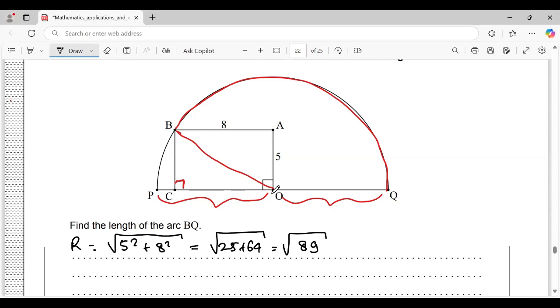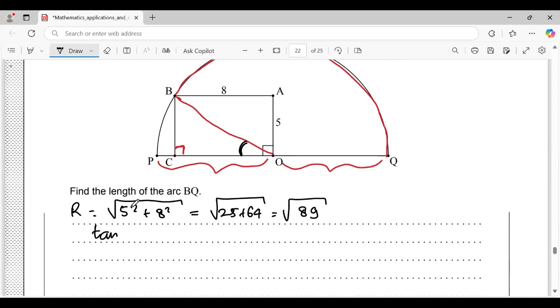Now we are going to find the tangent of angle BOC. The tangent of this angle is BC over CO. BC is 5, while CO is 8, so 5 over 8, which in decimal is 0.625.